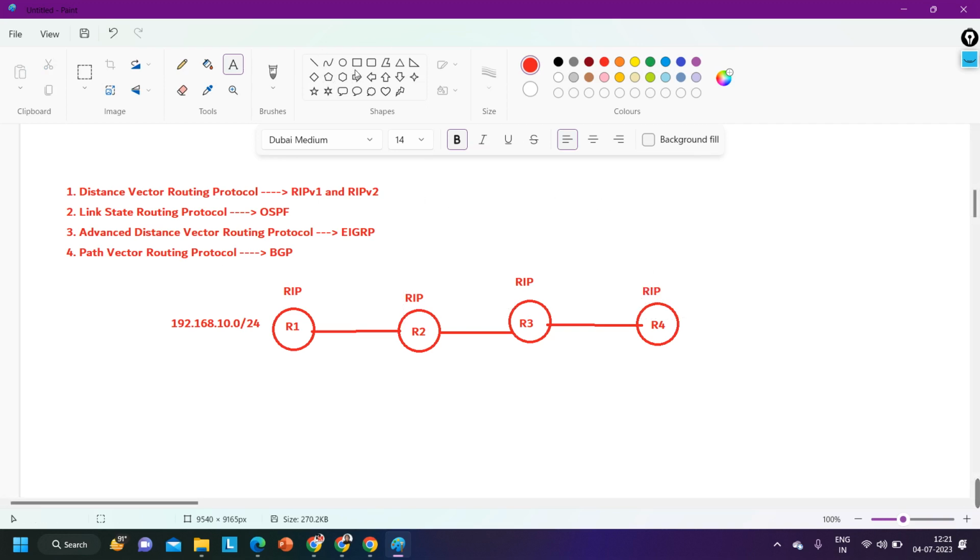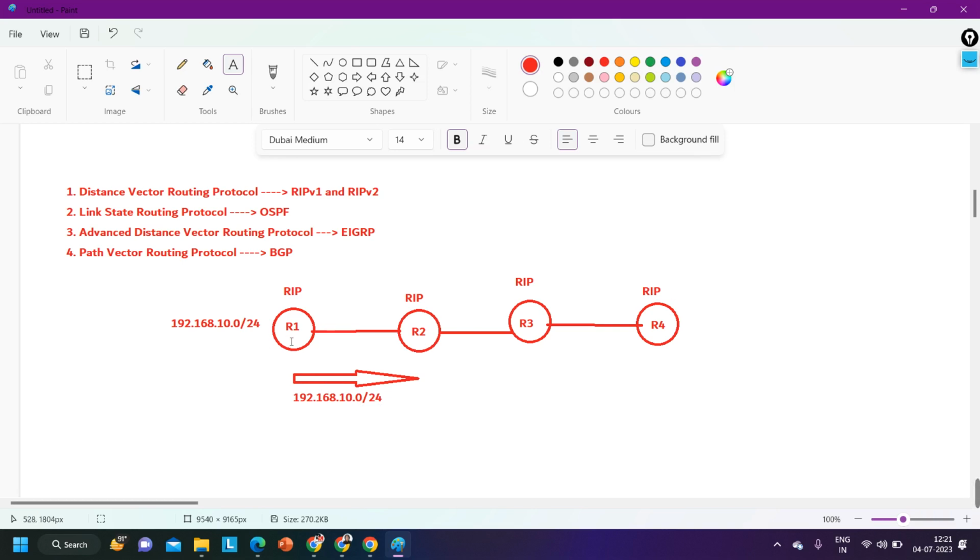So router 1 will advertise the 192.168.10.0/24 network to router number 2. It will share this network with its neighbor. Now what will be the metric on router number 2? We are running a distance vector routing protocol, so the metric is hop count, meaning how many hops the destination network is away from router number 1.